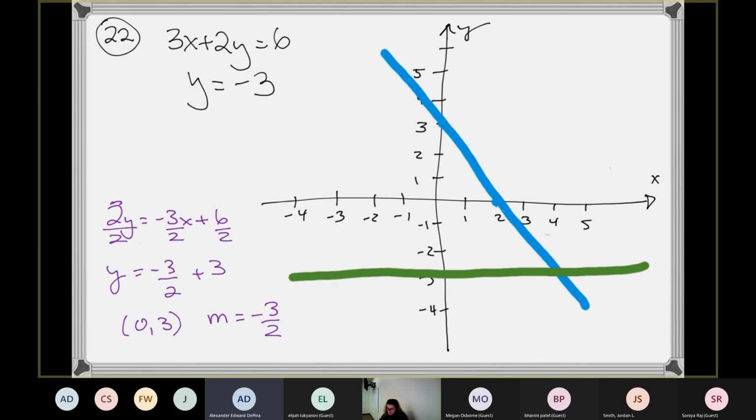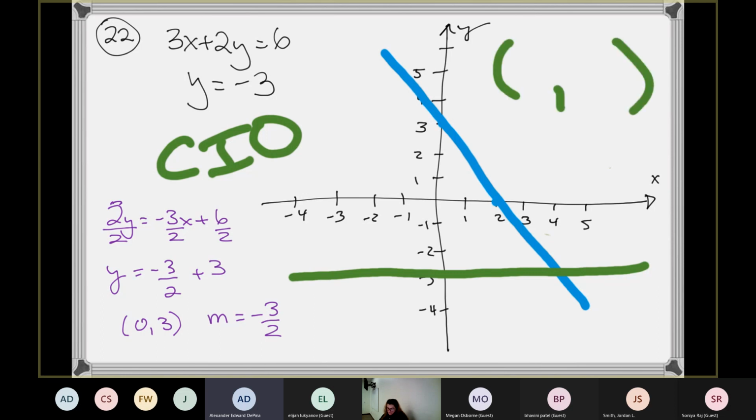Okay. We have a CIO business going on here, that's for sure. I also know one of the ordered pairs is -3 because that's y. What about x? It looks like on mine it's 4. It's a horizontal line, right, Elijah? Thank you.